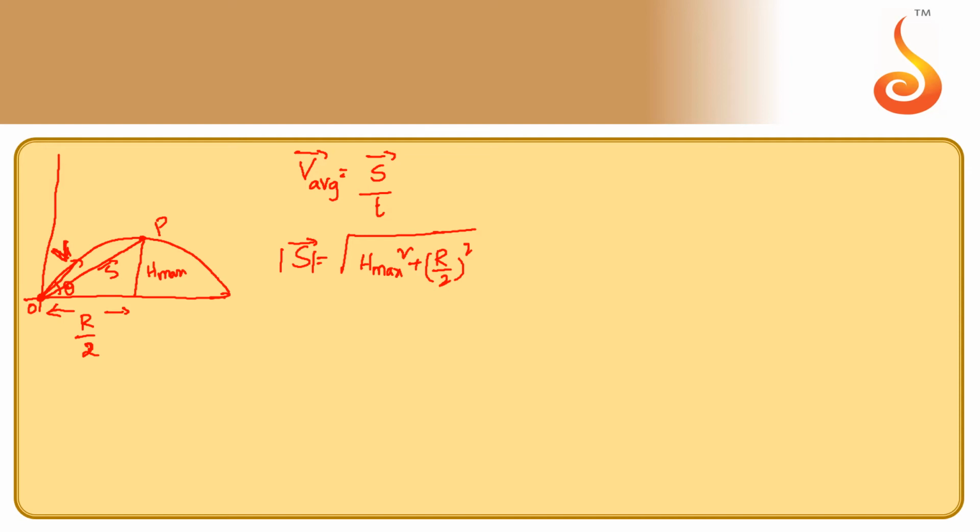And what about time? Time is nothing but time of ascent, because the total time taken by the projectile to reach the highest point is nothing but time of ascent. Time of ascent is nothing but u sine theta by g.